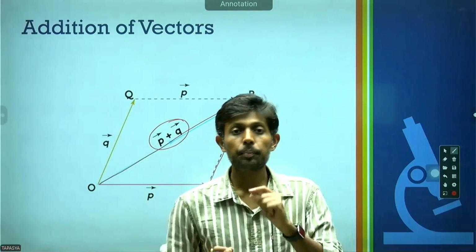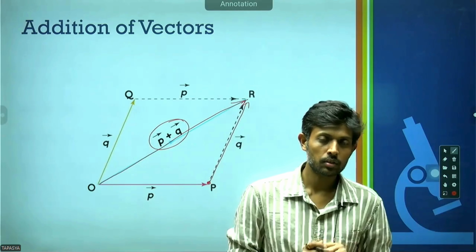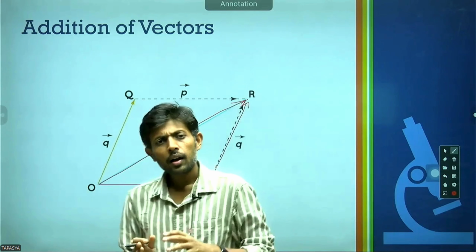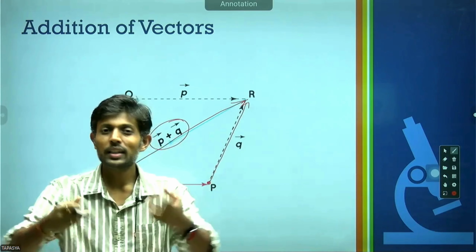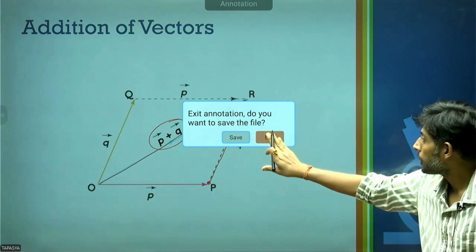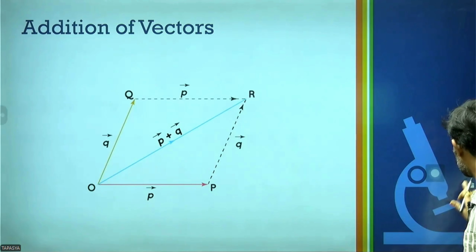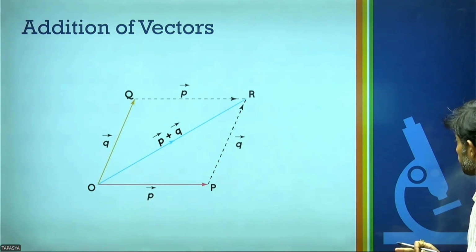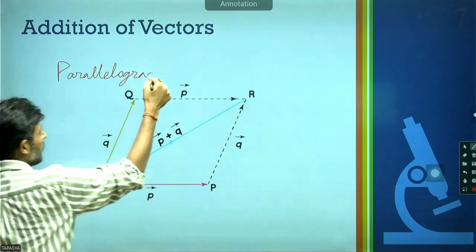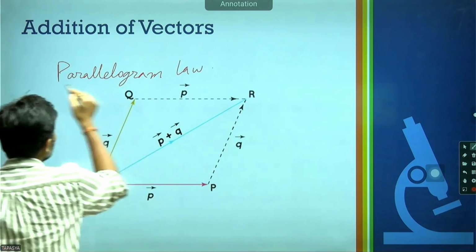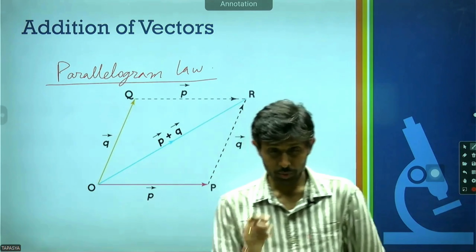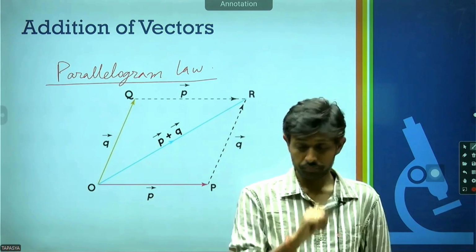Let's take a look at the parallelogram law of vector addition. These two laws, triangle and parallelogram law, give the same result. These are two different ways of adding. So let's now look at the parallelogram law of vector addition. It also says that you first have to rearrange the vectors, but this rearrangement is slightly different from the triangle law.